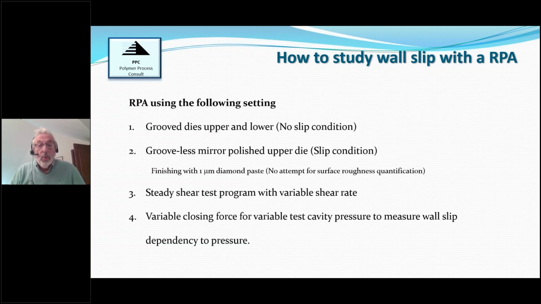So we do a steady shear program with variable shear rate under pressure, and we can even vary the closing force in order to study the wall slip dependency on the internal test cavity. So it's another property we can measure.